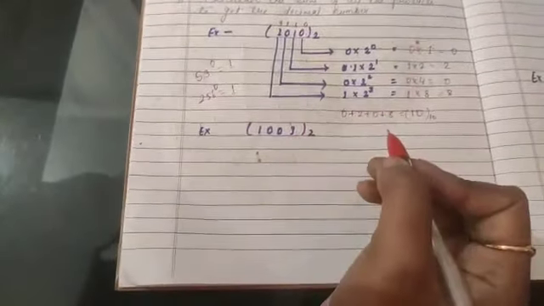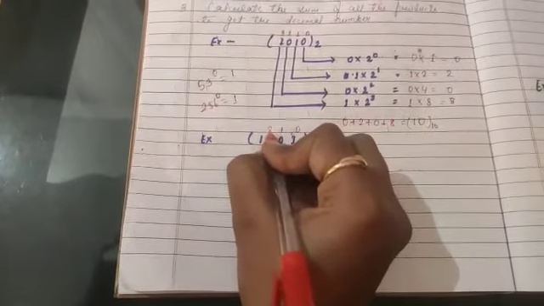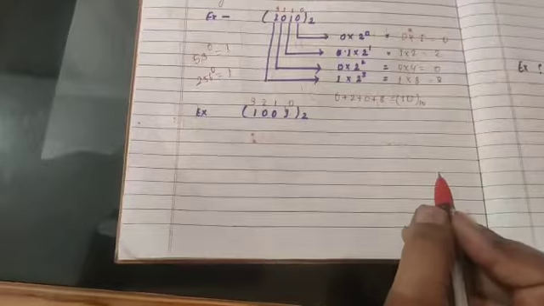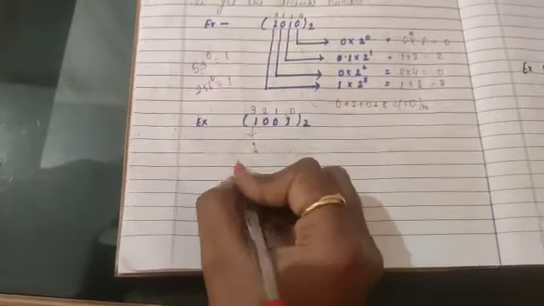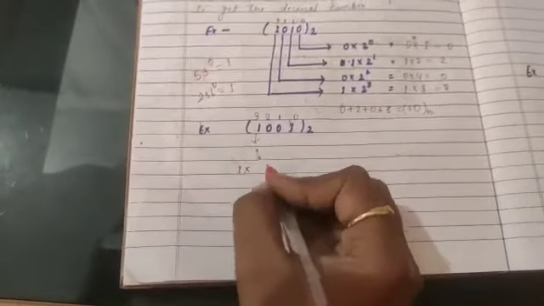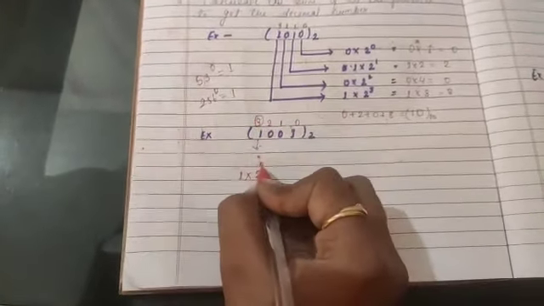What we have to do, first put the positional values 0, 1, 2, 3. Now we have to multiply. First we will write this one: 1 into the base, which will be 2. The base is fixed, it will be 2. And what is the positional value? 3.